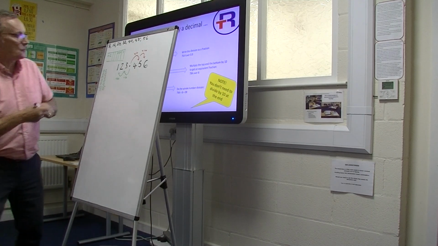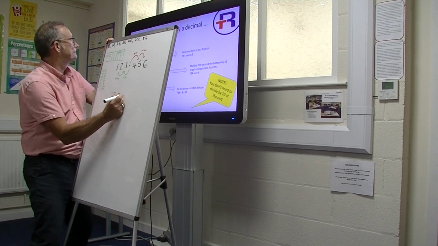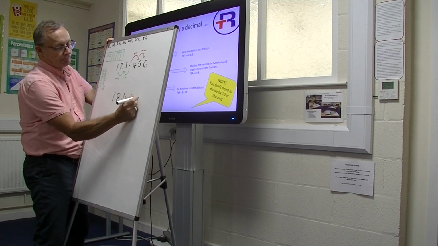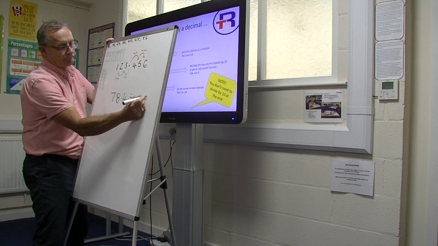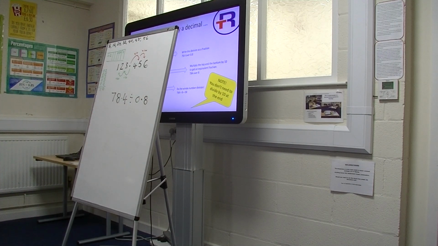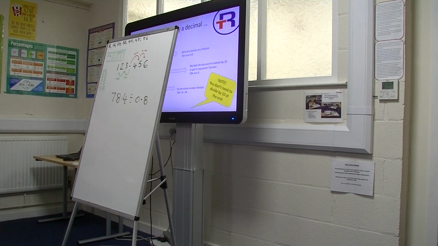Let's give you this one to do. See if you can suss it. There you go: 78.4 divided by 0.8. Automatically you recognise your answer is going to be bigger than 78, because you're dividing it by less than 1.